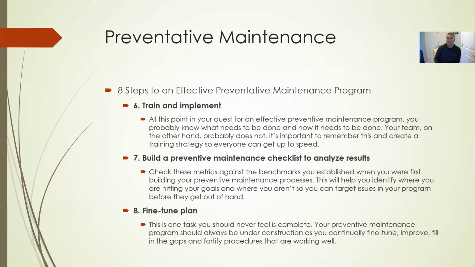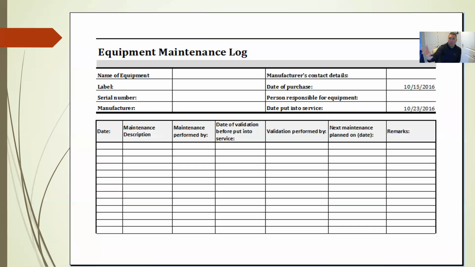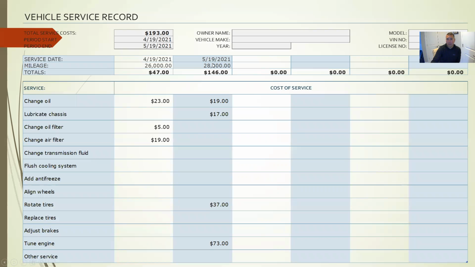Build a preventative maintenance checklist to analyze the results, right? This one here is good. It's on paper. You can go back, look at it, and reference it. This one's a little better. If you look from good, better, best, whatever the case is, you can go back and analyze what this is, what it costs.